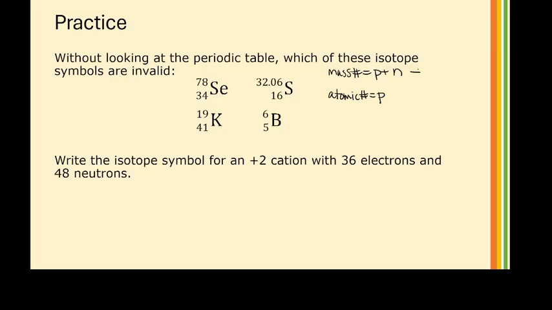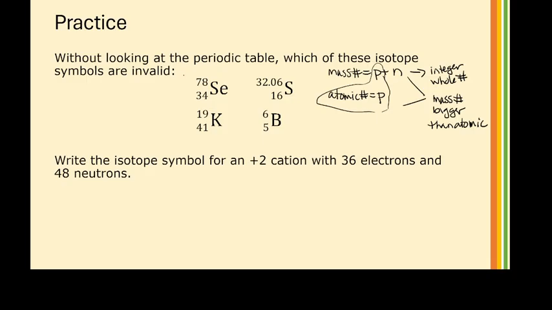But I know that this has to be an integer. It must be a whole number. And I also know that the mass number must be bigger than the atomic number, because it includes the atomic number.